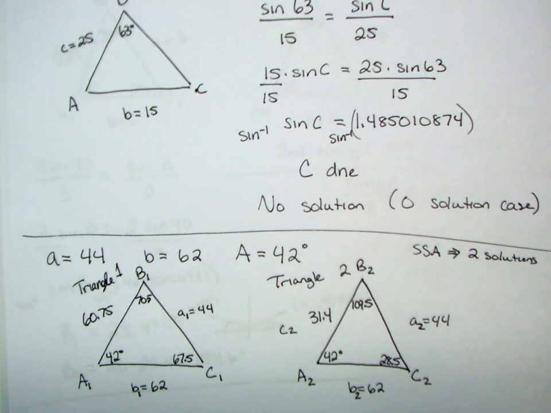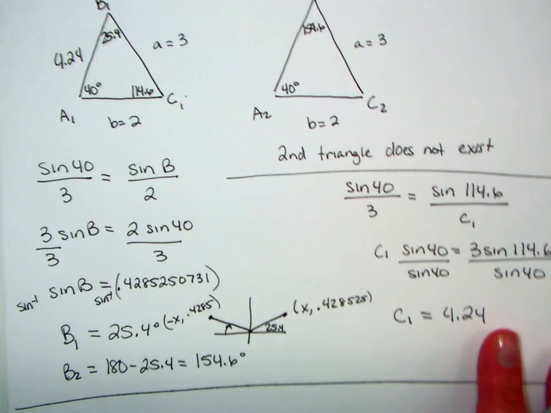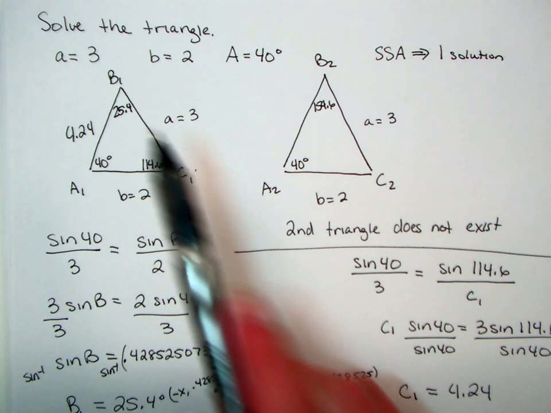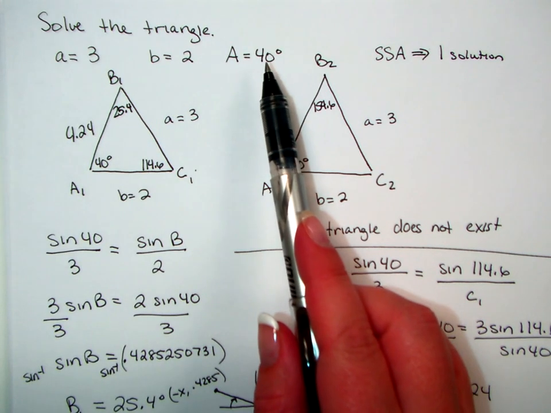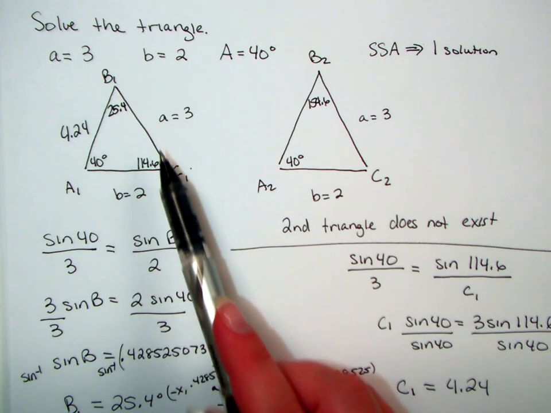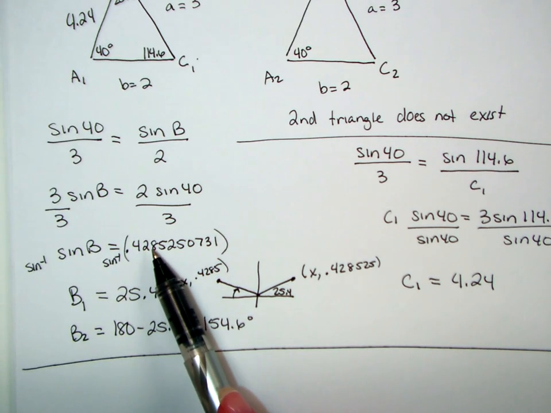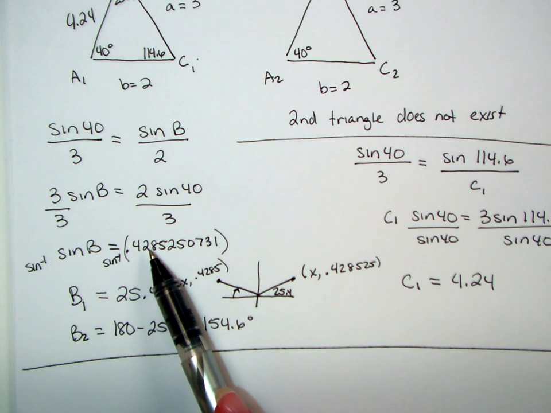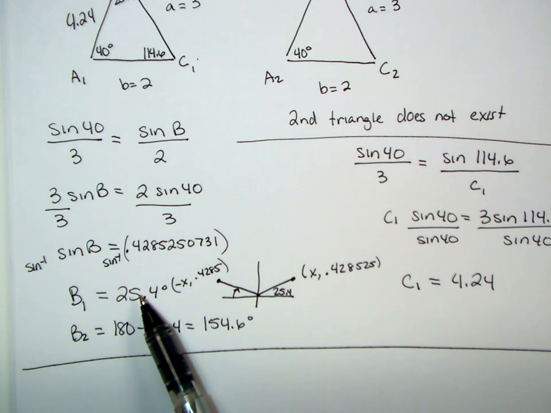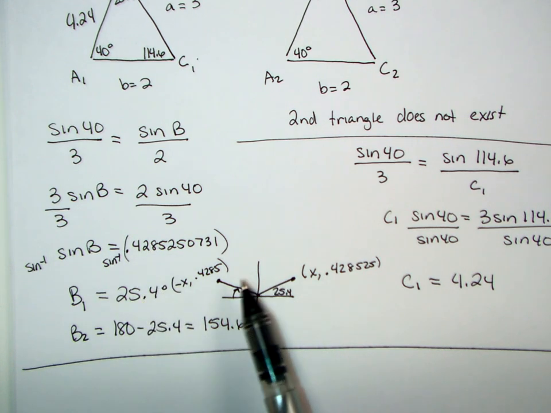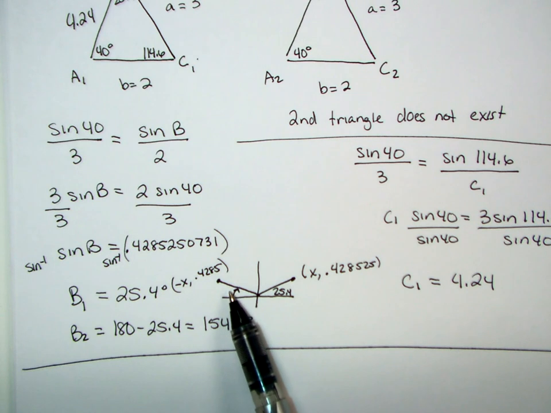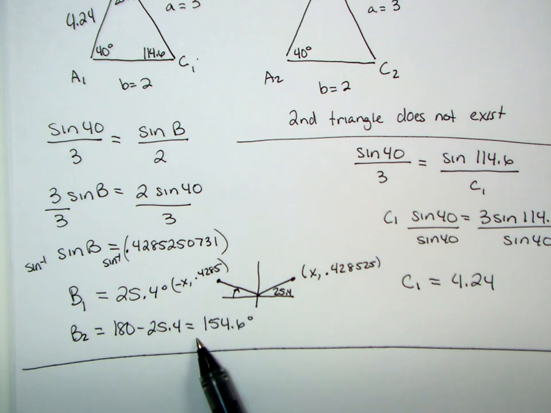So on the last example, we have a side-side-angle, right? Again, we're forced to solve for angle B. We do so, right? This 0.42 is in the domain of sine inverse, so we get a solution from the calculator, right? The other solution is on the other side of the y-axis, so we subtract 25.4 from 180 to get the other solution, right?